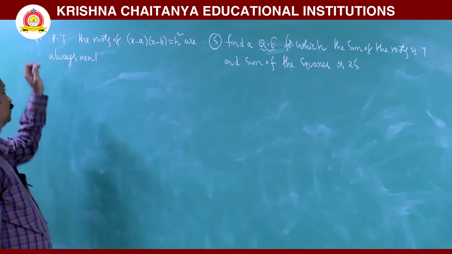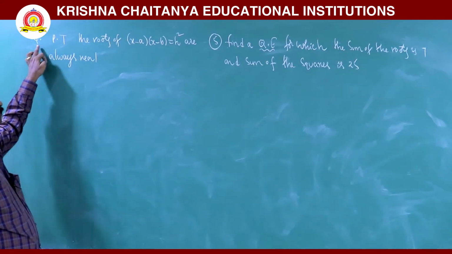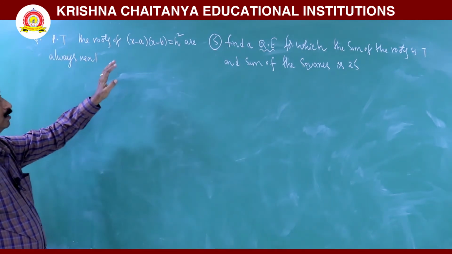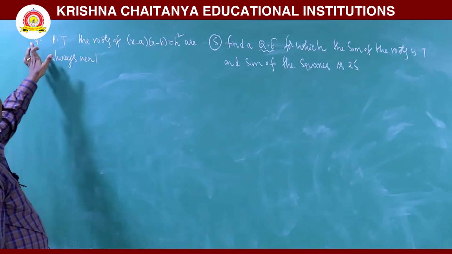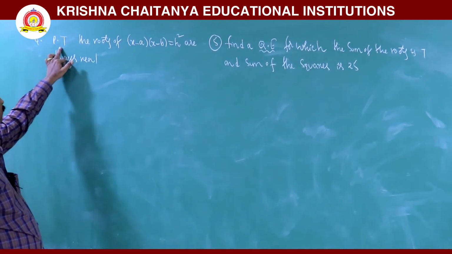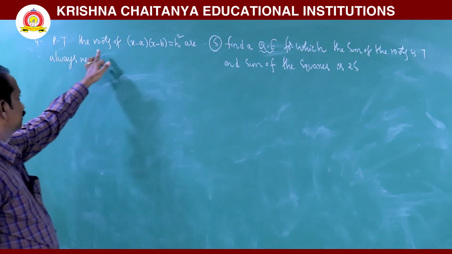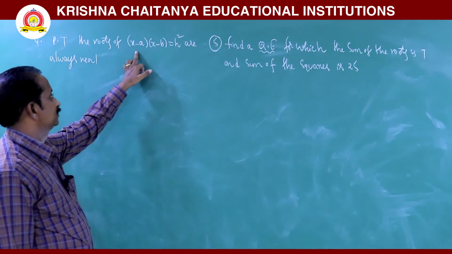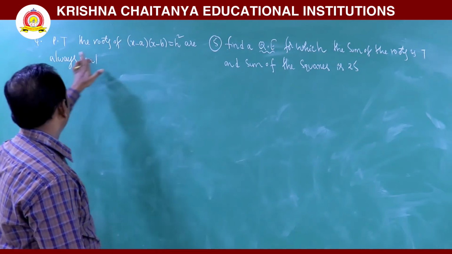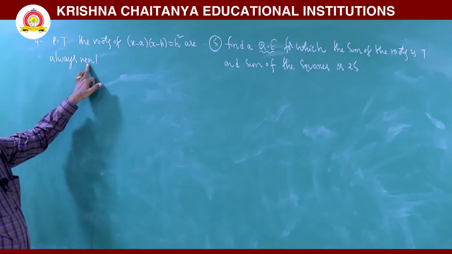Okay. Now we discuss problem 4 and problem 5 also. What is problem number 4? Prove that the roots of (x minus a) into (x minus b) is equal to h square are always real.